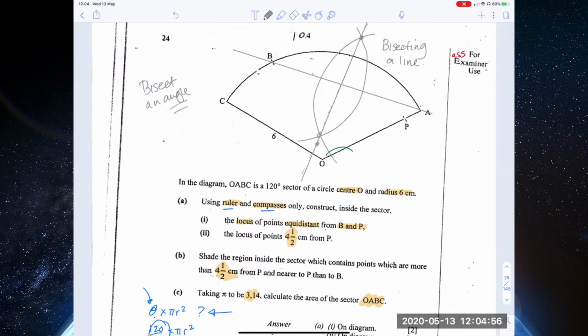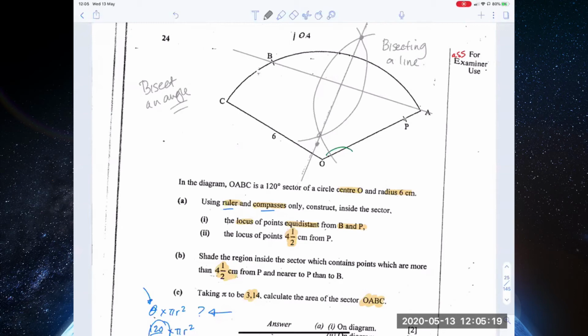So 4.5 centimeters from P is easy. You just go to P and you place your compass, not your protractor, your compass, at 4.5 centimeters.